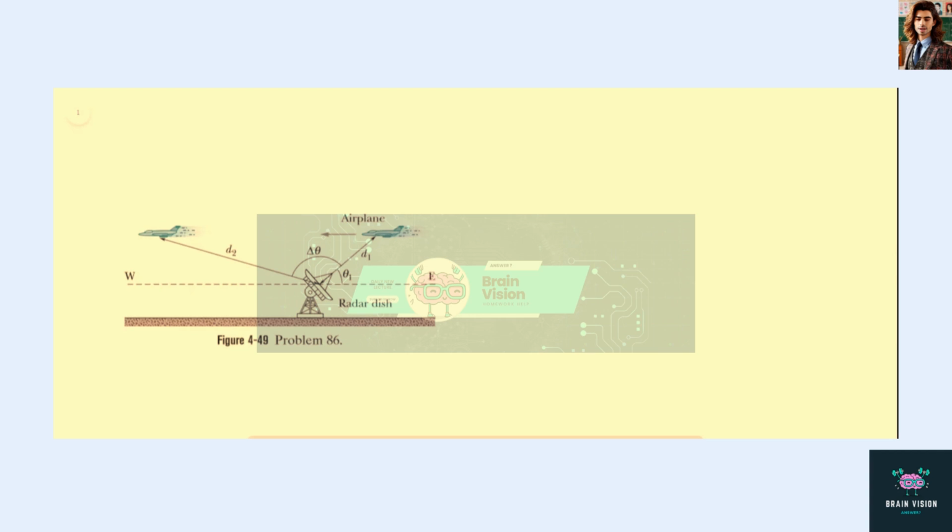We have a radar station, as you can see in the figure, that detects an airplane approaching from the east. The first observation, D1, is given to us as 360 meters. Theta 1, the initial angle, is 40 degrees above the horizon. So it's this theta 1 here. The plane is tracked through a delta theta.